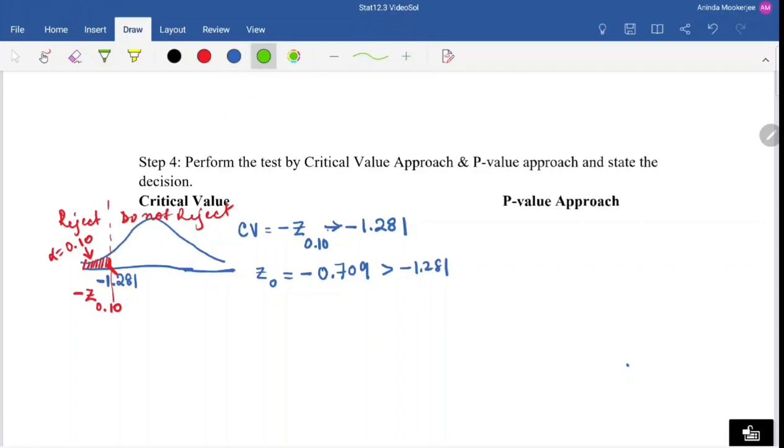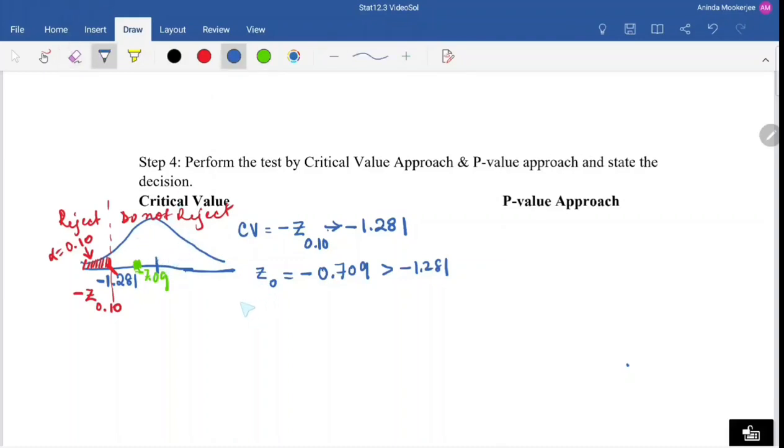So maybe somewhere negative 0.709 is close to negative 1. So let's just mark it somewhere here. Okay, definitely to the left of the midpoint of this curve. So let's write it as negative 0.709, which is clearly the do not reject region, correct?